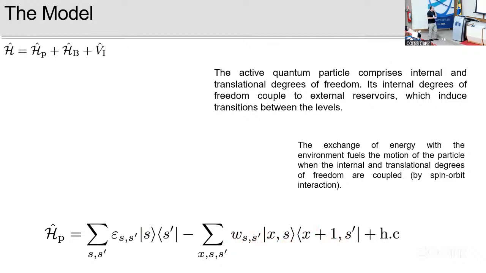Now, you see that this hopping term is characterized by a hopping matrix element in which, during the motion, the spin can be preserved, that is S equals S prime, or can change. And so this is essentially the case in which you have hopping associated with some change of the internal state.